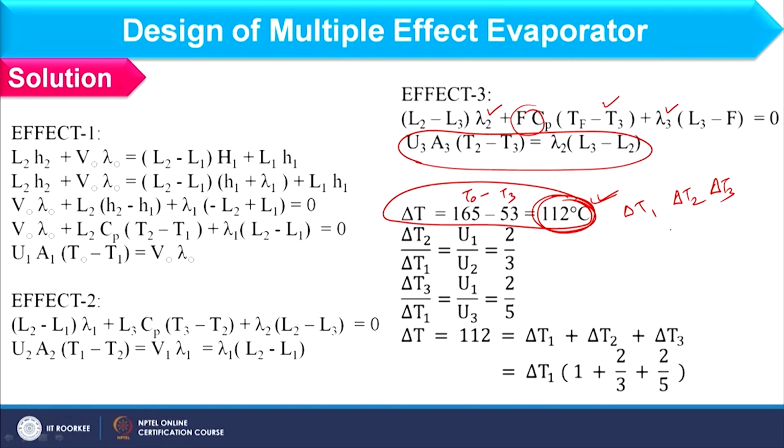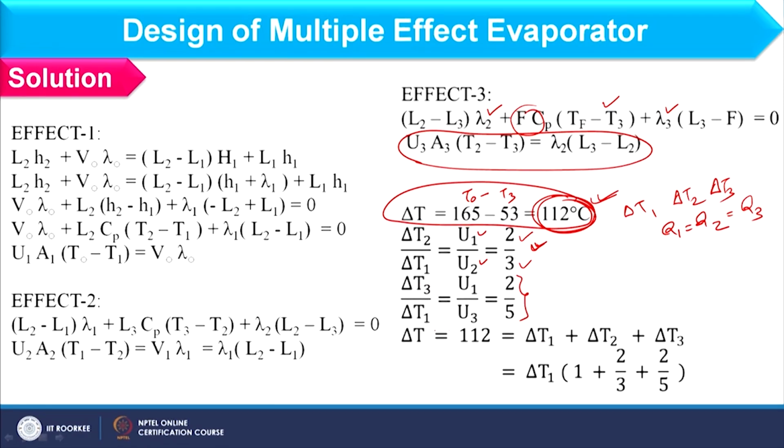So, considering equal heat transfer in each effect, that is Q1 equal to Q2 equal to Q3, we can find delta T2 by delta T1 which should be equal to U1 by U2, considering equal area of each effect. U1 and U2 values are known to you, so you can consider 2 by 3, and similarly delta T3 by delta T1 should be 2 by 5.